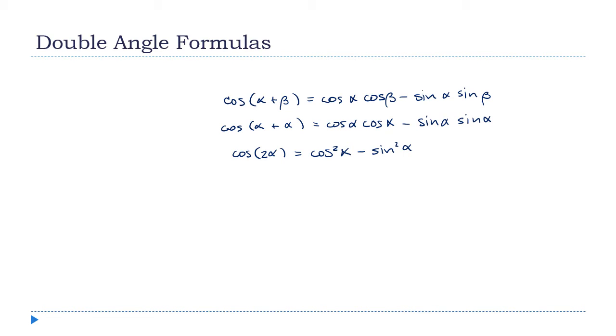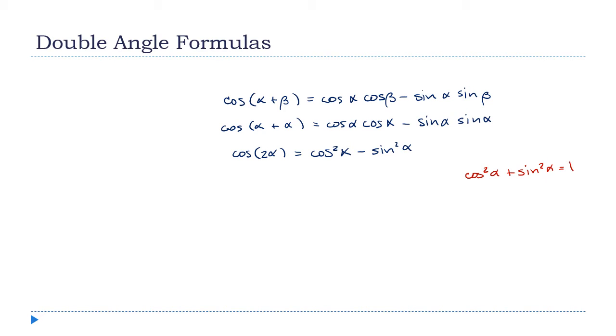Now there are two alternative forms of this that I want to talk about because we're going to need it in a minute, and they are generally useful. Suppose I go to my Pythagorean identity and I say, look, cosine squared alpha plus sine squared alpha equals 1.